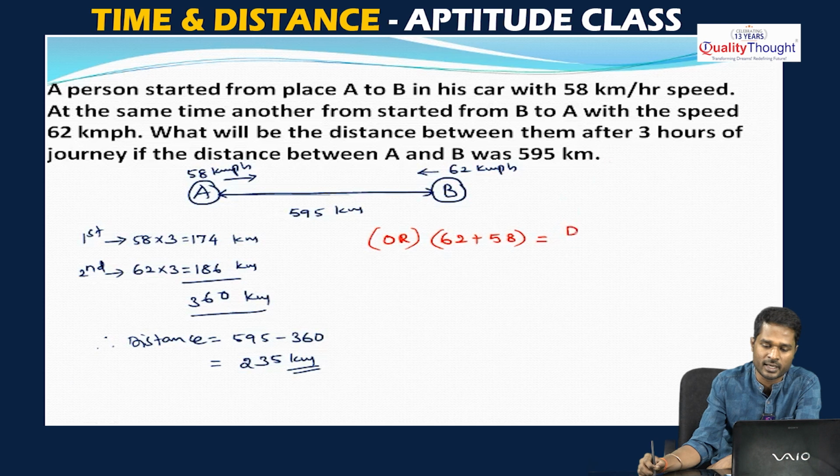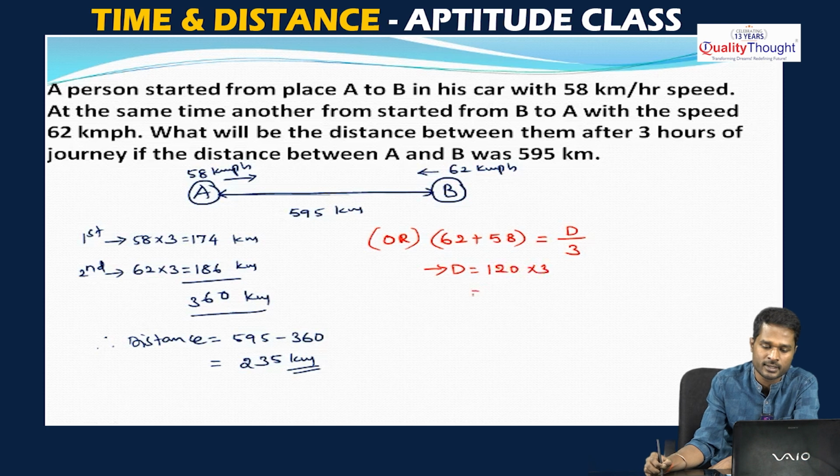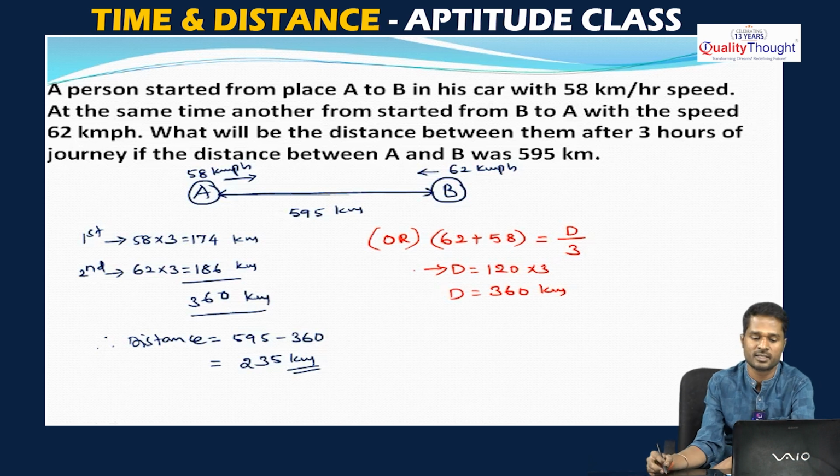We don't know the distance they travelled, but the time is 3 hours. So the distance d is equal to 62 plus 58, which is 120, into 3. They travelled 360 kilometers. So in 3 hours they travelled 360 kilometers.